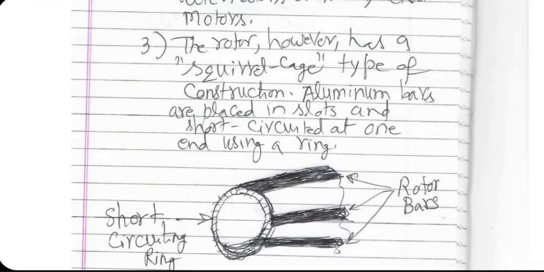So essentially, you are short circuiting the rotor windings. That is the theory. And implementation is done by using aluminum bars or copper bars to make the construction very rugged.